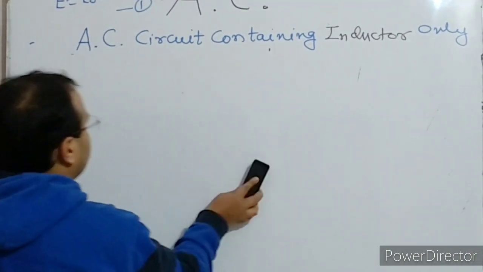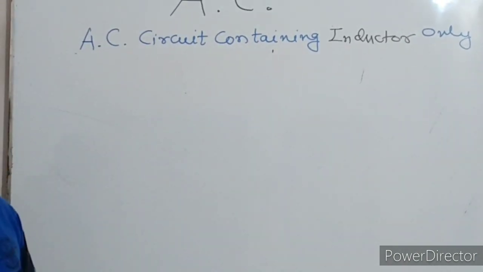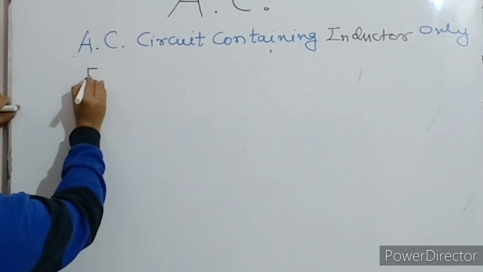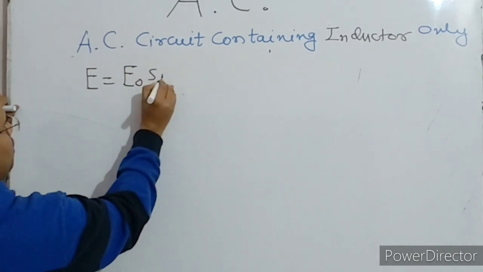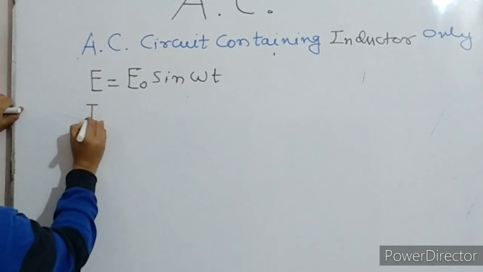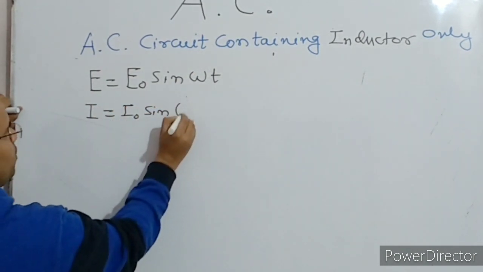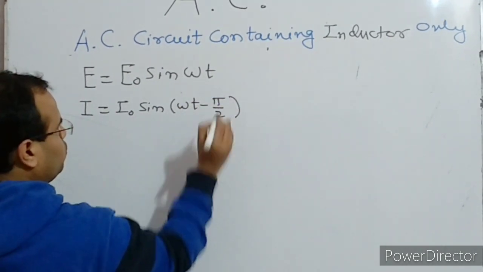The expression for EMF is E equals E naught sin omega t, and the expression for current was I equals I naught sin (omega t minus pi by 2).